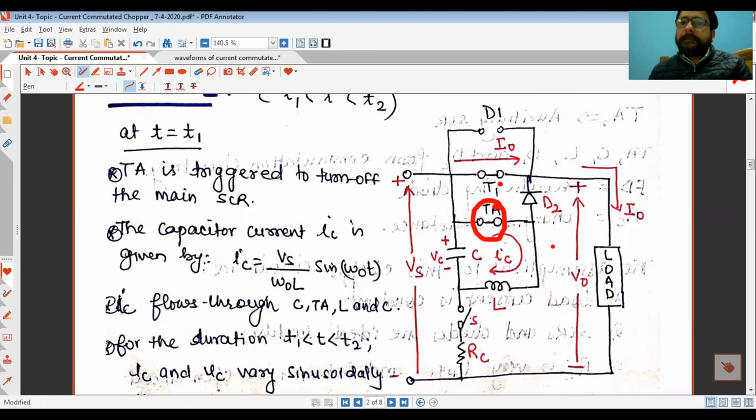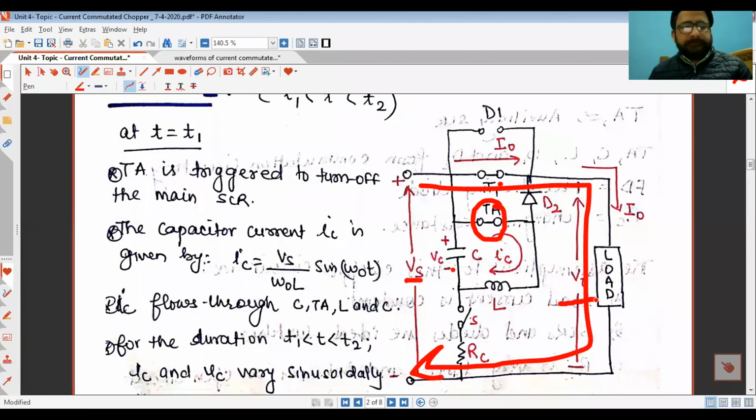Only T1 is conducting and the capacitor is charged with a voltage equal to Vs. Now the current is flowing in this direction. This is how the current will flow. Which current? Load current. Now if you apply KVL in this outer loop, you will find that Vs is equal to V0 as per the KVL equation.